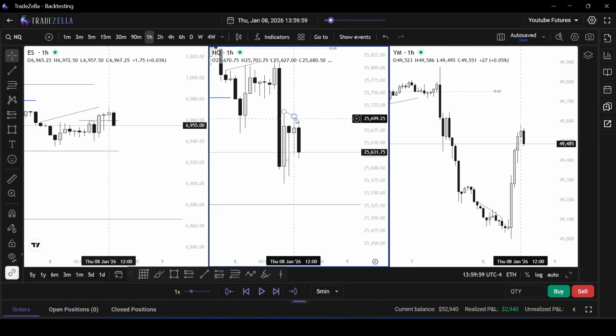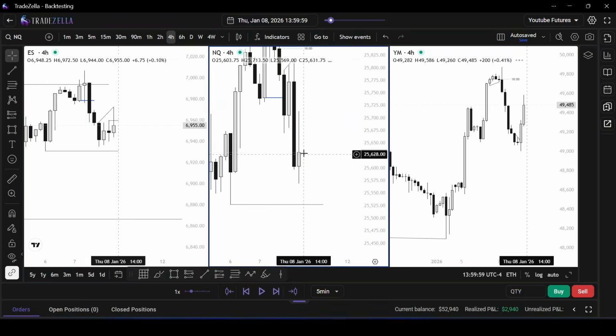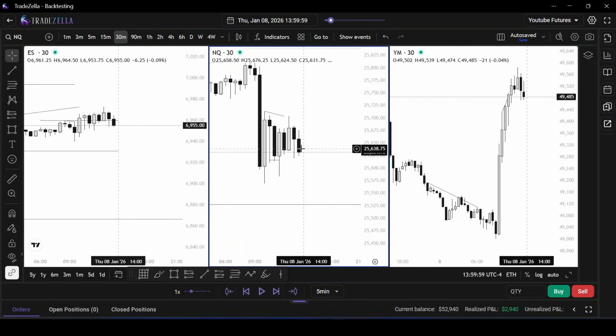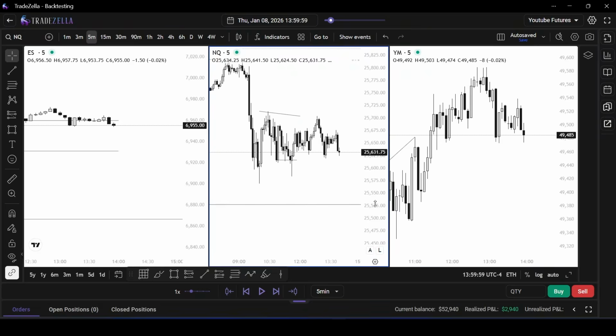So we have a reaction, which is a fractal model, being confirmed by an SMT in this fair value gap. And we can anticipate this candle 3 to trade lower. So we are trading candle 3 on the 4-hour time frame, candle 3 on the 1-hour time frame. I think that's it. Let's take a look at the 5-minute.